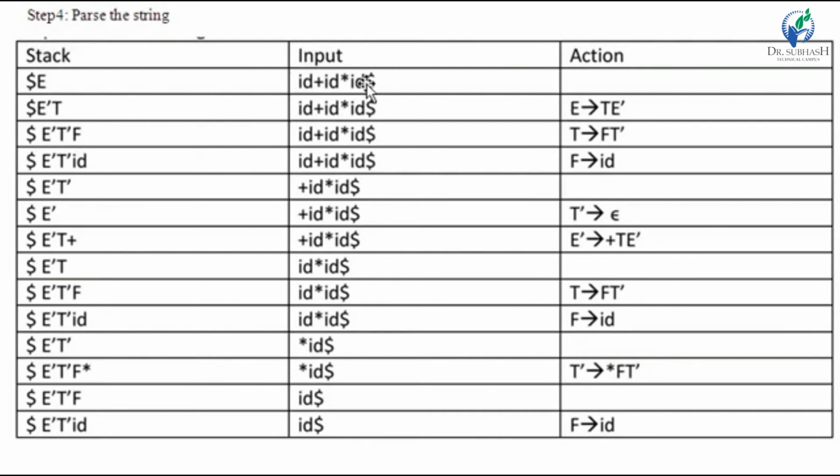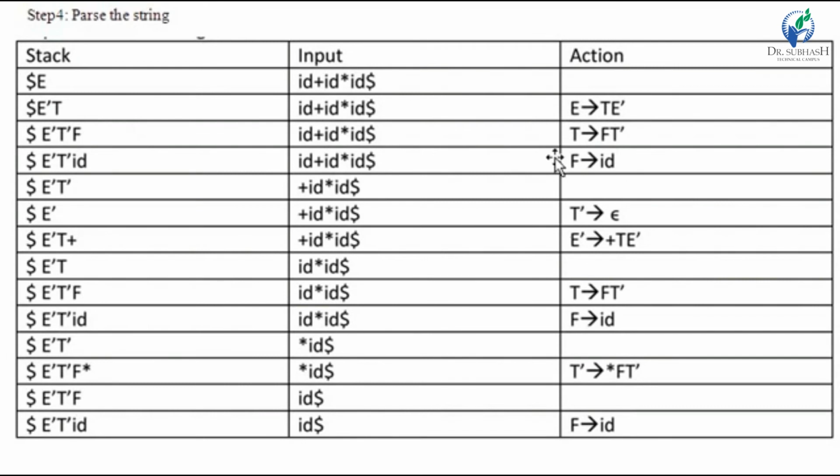Your input string is written as ID plus ID star ID with a dollar sign at the end, and in the stack a dollar sign, then the start symbol E. Now you have a production E gives T E dash. So you write dollar at the start of the stack, then the production in reverse order: T E dash.